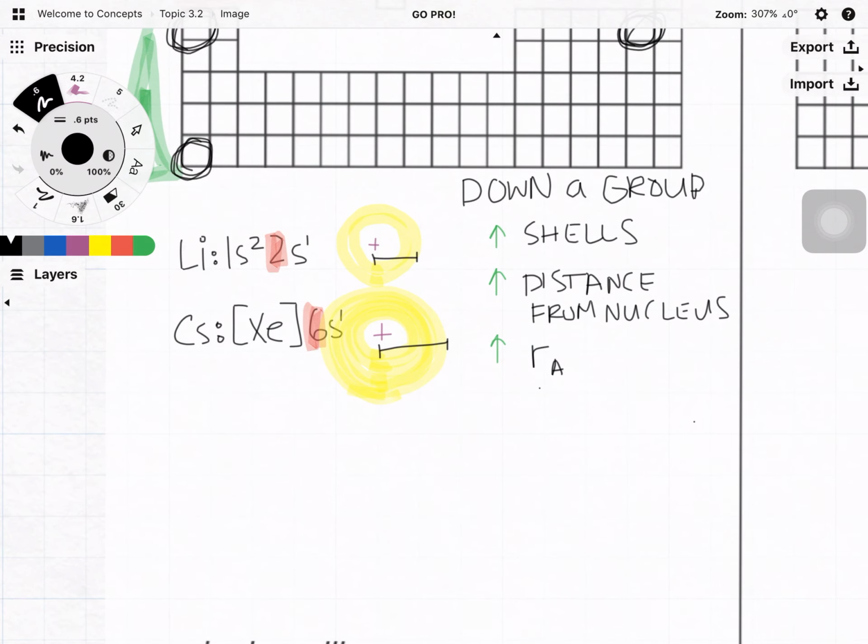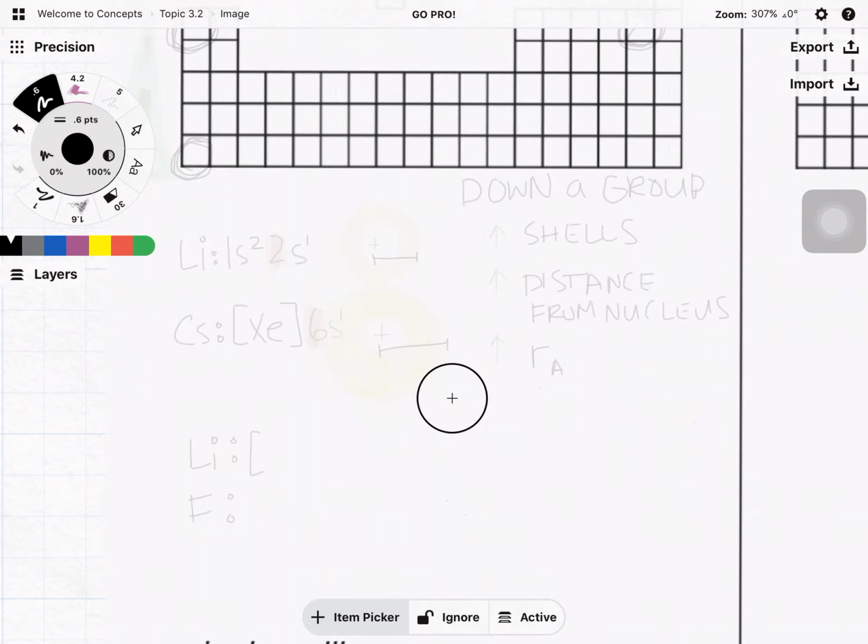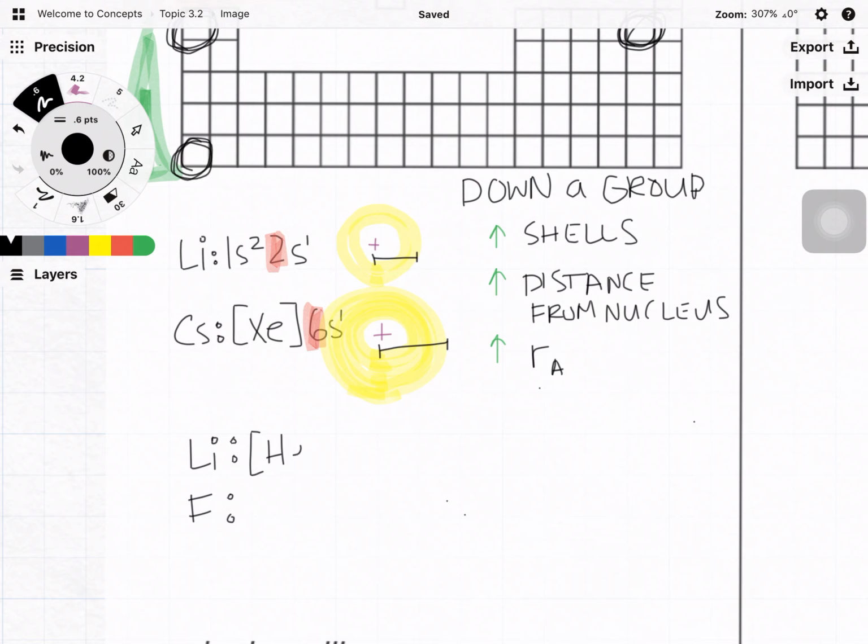So let's compare lithium and fluorine in the same period. I'm going to do the shortened electron configuration. So we know that lithium has exactly the same electron configuration as helium with 1 extra electron, and fluorine has exactly the same configuration as helium with 7 extra electrons.